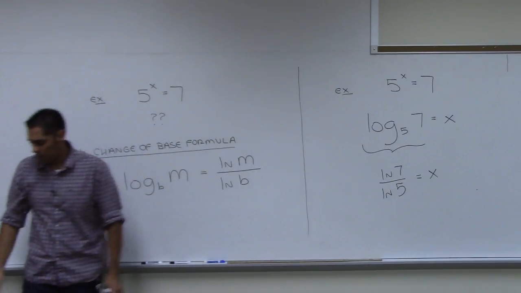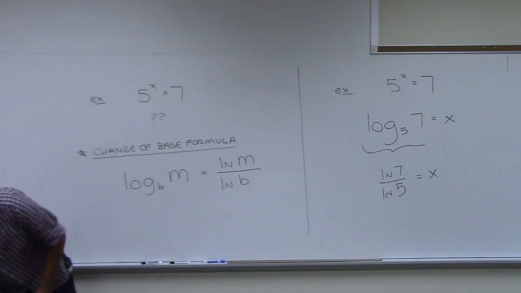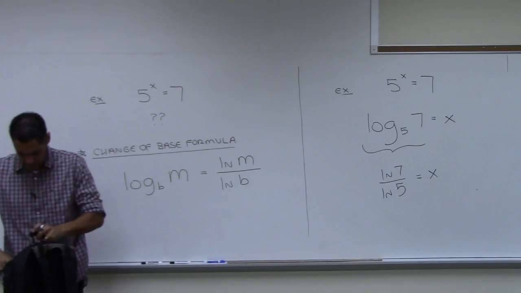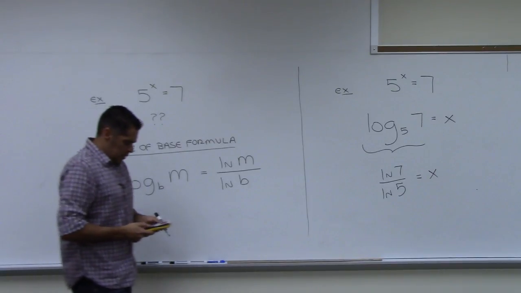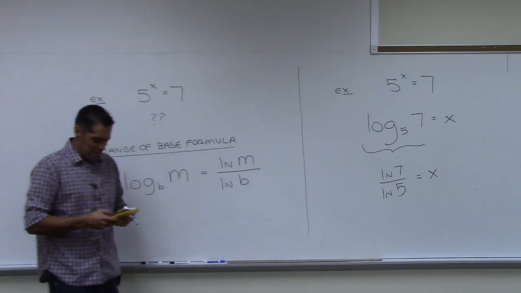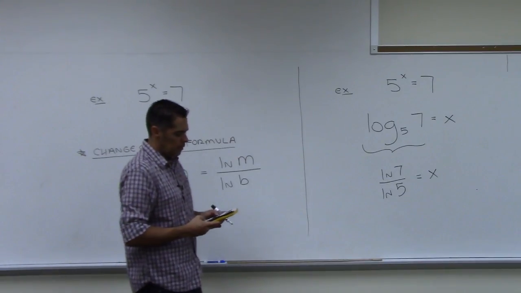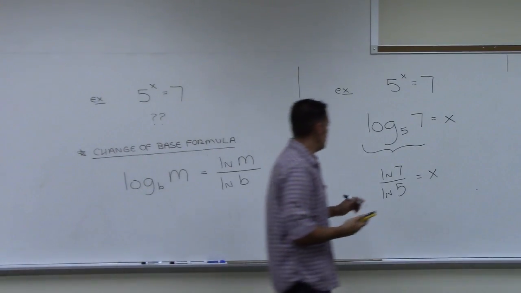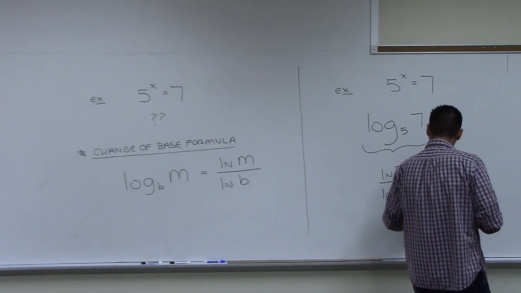So try natural log of 7 over natural log of 5. I actually brought my calculator. 1.209 is x.